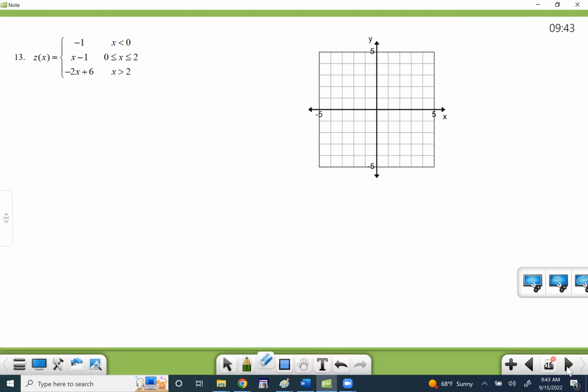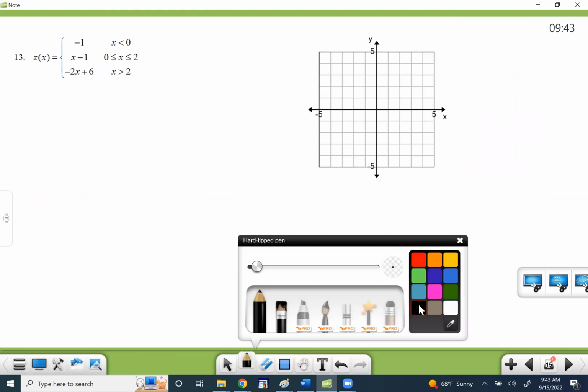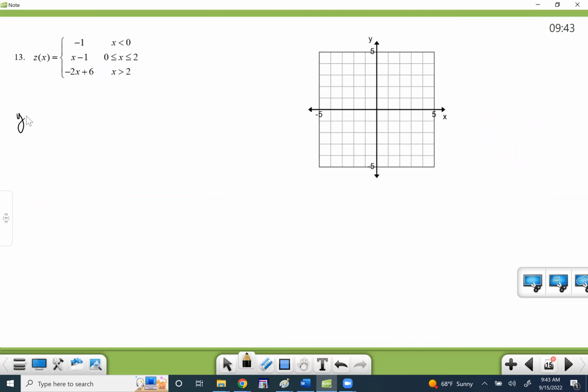Let's try another one. So this particular piecewise has 3 different graphs that we would have to graph. Nice, easy one. We'll take y equals -1, y equals x minus 1, y equals -2x plus 6. The y equals -1 is just a horizontal line.